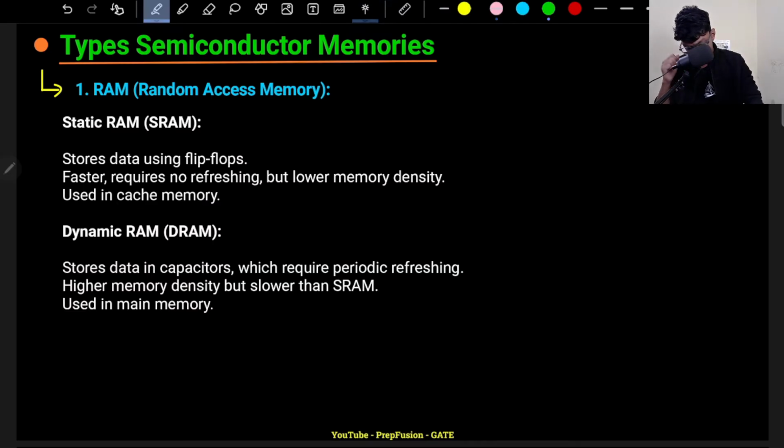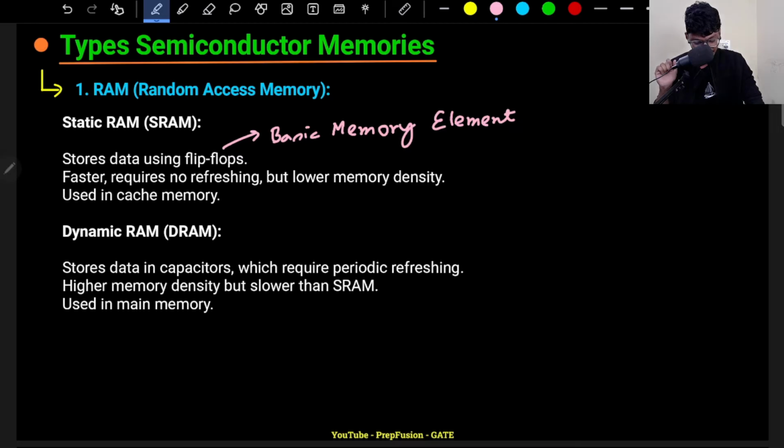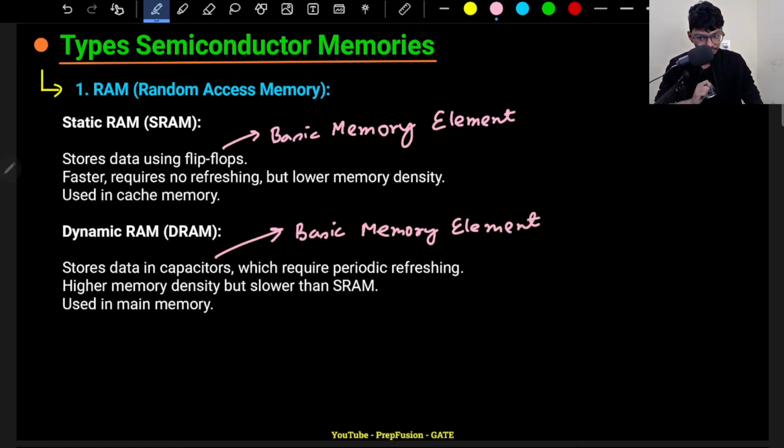Just one thing: in SRAM, your basic memory element is the flip flop, and in DRAM, your basic memory element is the capacitor. Only these two things you have to understand.